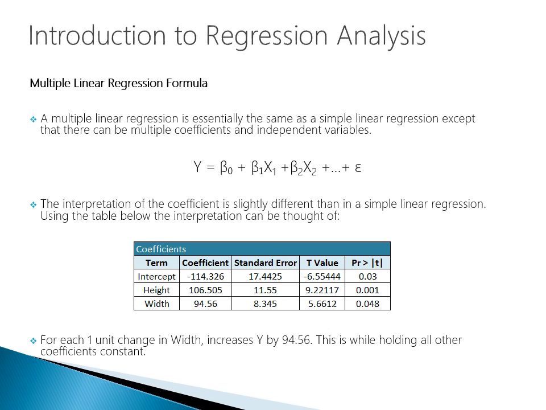This is while holding all other coefficients constant. And that last statement is the important one. So as we're changing the value for one variable, so for each 1 unit change in width, y is increasing by 94.56, holding everything the same.